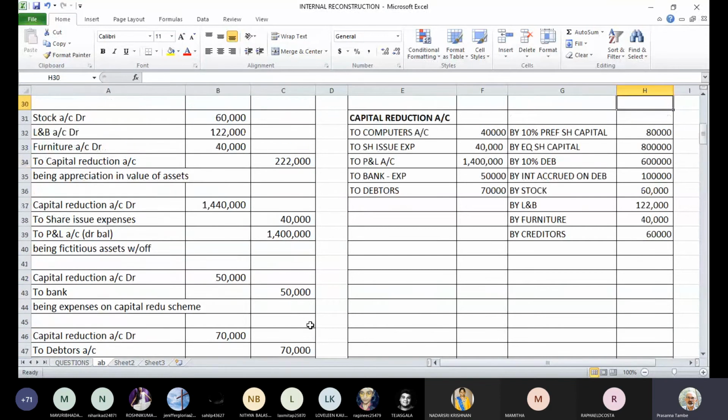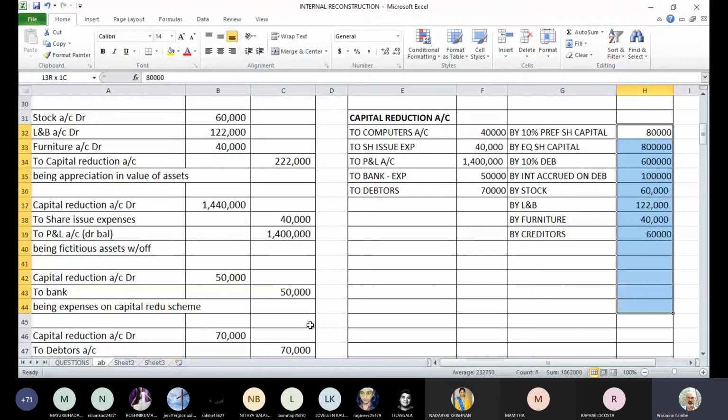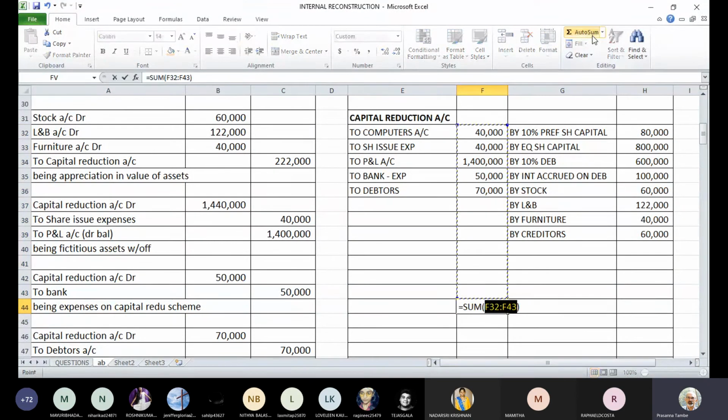Now we'll have to balance this account and see what is the balance in this account. Debit side total is 16 lakhs, credit side total is 18,62,000. So we have a balancing figure here, 262,000. So this is the balancing figure on the debit side of account.